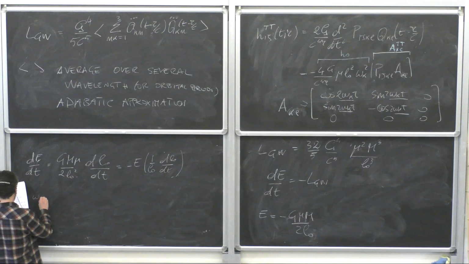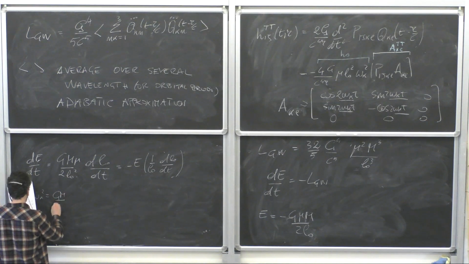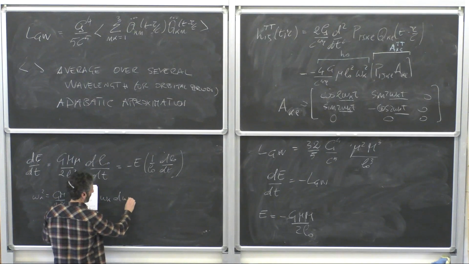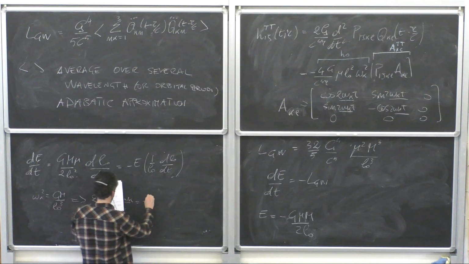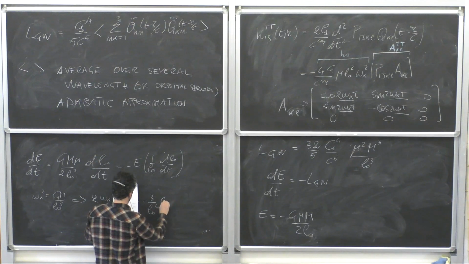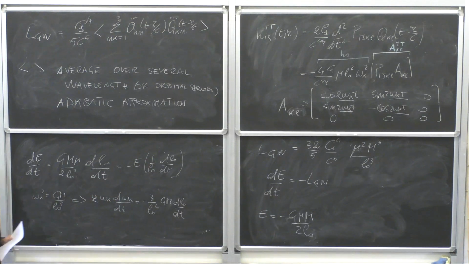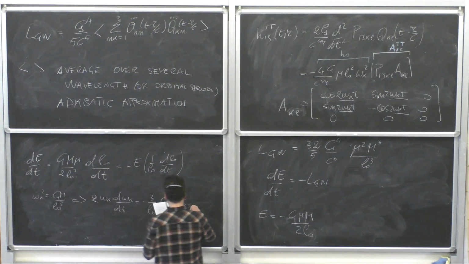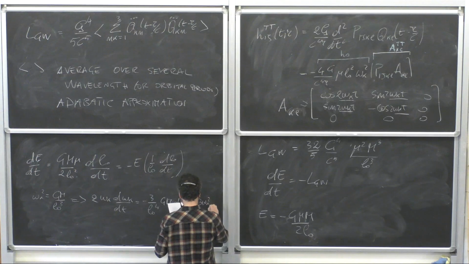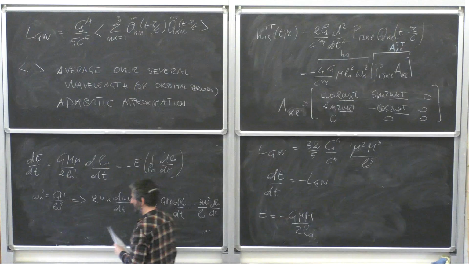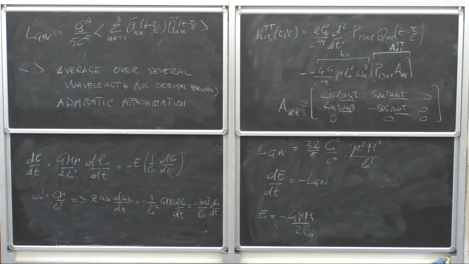So if I have omega_K squared, which is G M over L0 cubed, then with a bit of algebra I differentiate this expression and get this.